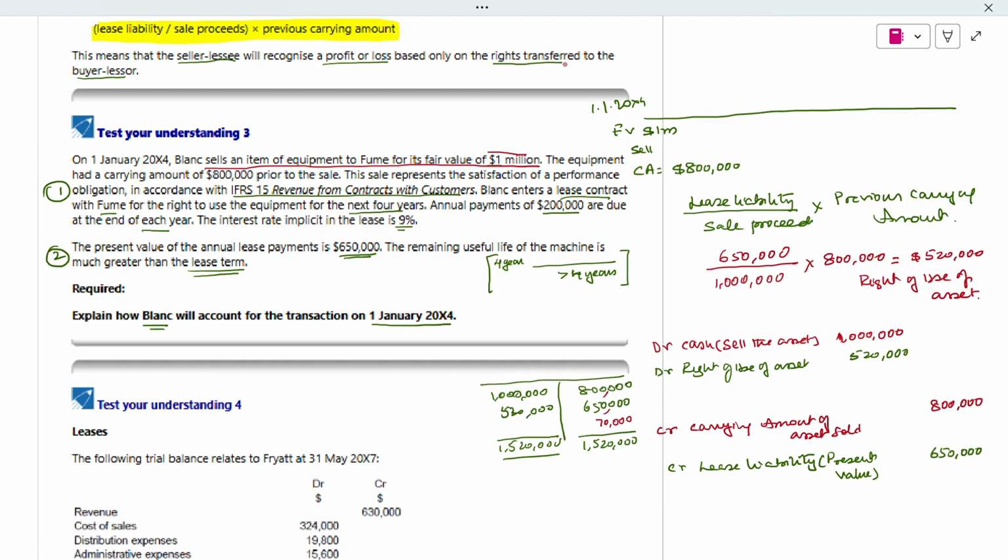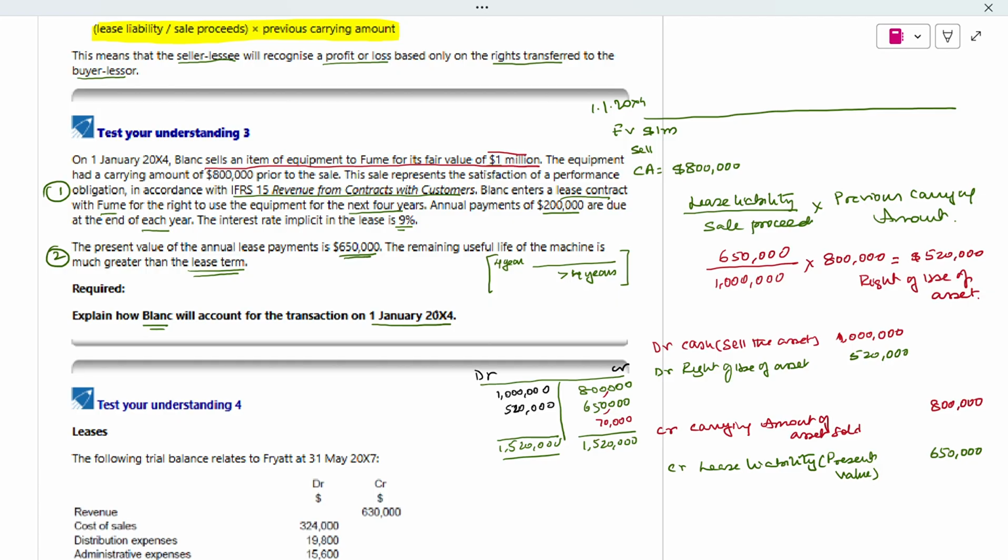No, I confused the calculation. Okay, just check. What is on the debit? We have made 1 million, and 520, total 1520.